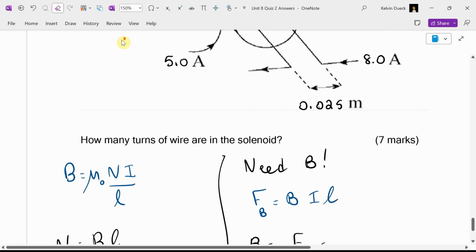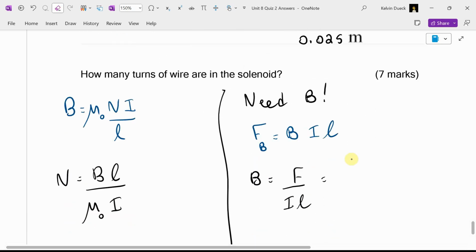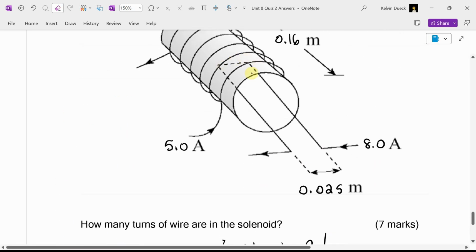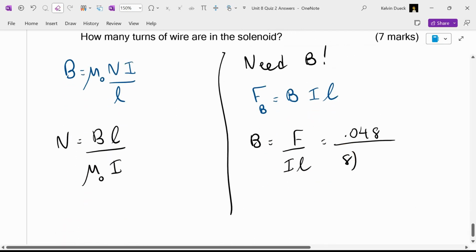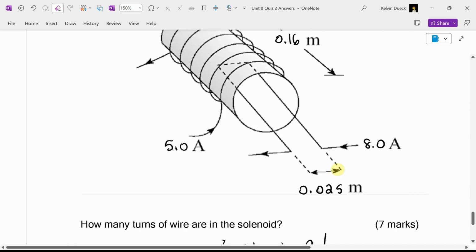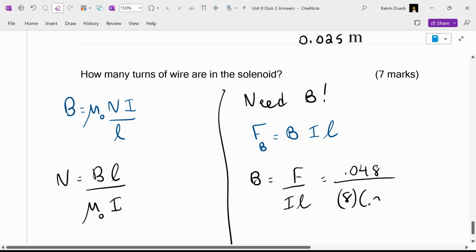Now, the force was easy enough. Newtons, 0.048. Current, it's the force on this small wire, so it's going to be the current in this small wire, 8 amps. Length, it's going to be the length of this small wire, which is 0.025.